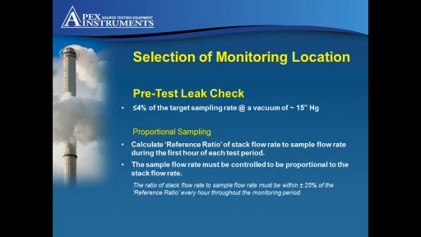The sampling location must be representative of the stack gas conditions and free from stratification. When performing the sorbent trap monitoring, a pre-test leak check must be successful and proportional sampling to within plus or minus 25% of the stack flow rate, which is recorded in the test data file.